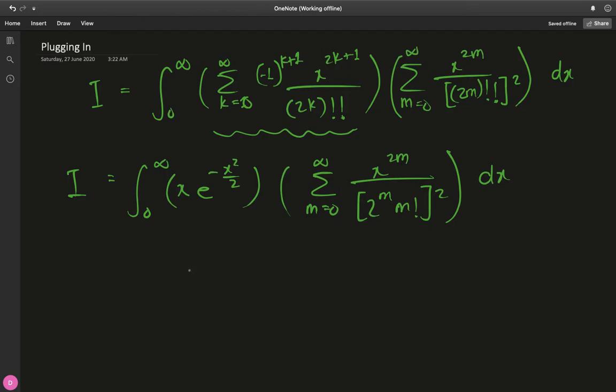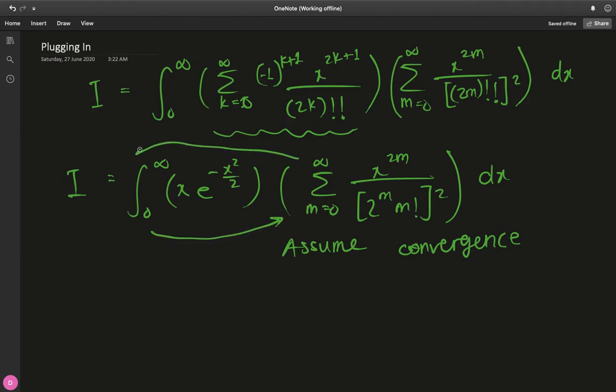At this point, what I really want to do is assume uniform convergence, and in Putnam questions like this the assumption is mostly valid most of the time. So that enables me to interchange this integral and this infinite sum.